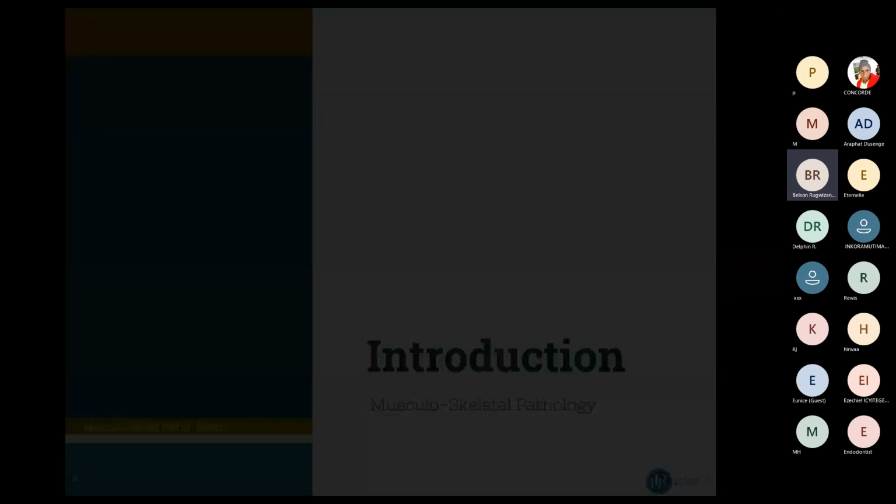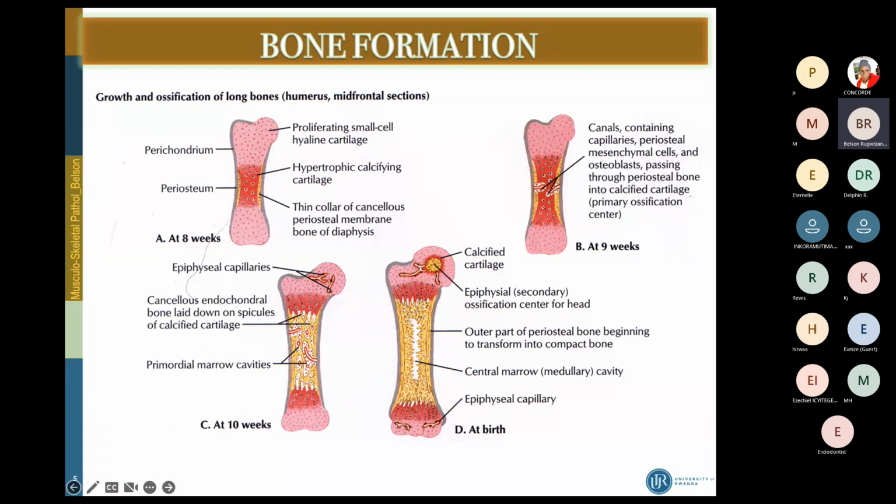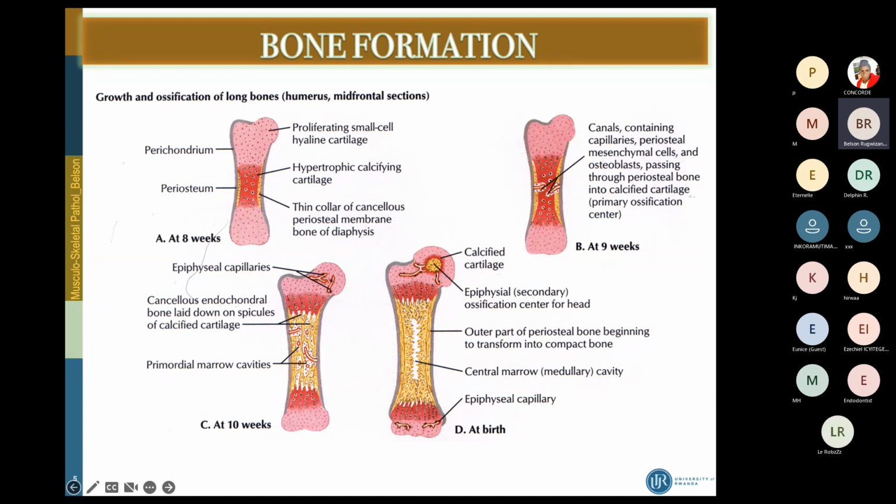So as the introduction, you know how the bone forms. In a bone, we have a periosteum around the bone, but around the cartilage, you have a perichondrium and so on. And where we have a cartilage, it gets ossified, it becomes a bone, and again there is another cartilage. So that's how bones grow, especially the long bones.